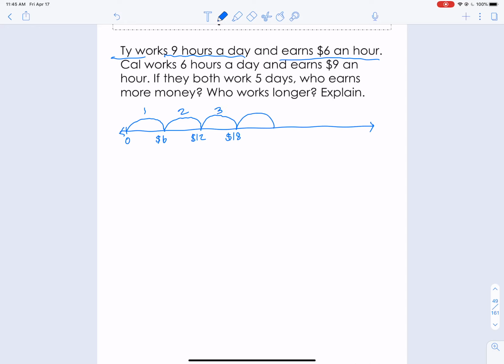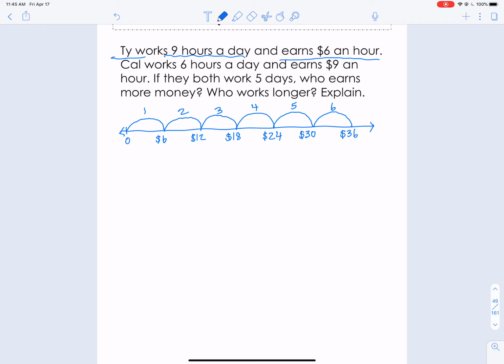Keep going. 18 plus 6 is $24 for 4 hours of work. Plus another 6, $30 for 5 hours of work, plus another 6, $36 for 6 hours of work.